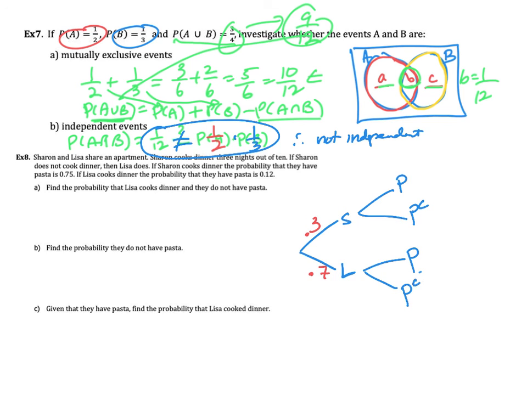We have pasta and then we have not pasta. The probability that Sharon will cook pasta is a 75% chance, which means not pasta is a 25% chance. The probability that Lisa will cook pasta is only a 12% chance, which means it's an 88% chance that she will not cook pasta. There is your tree diagram.